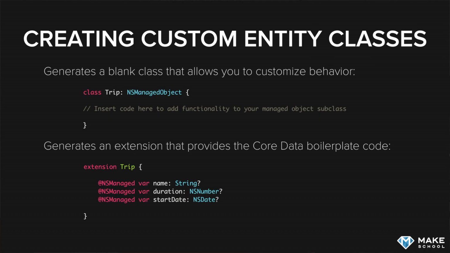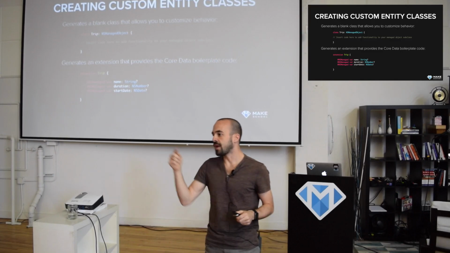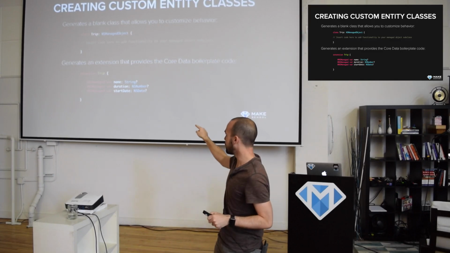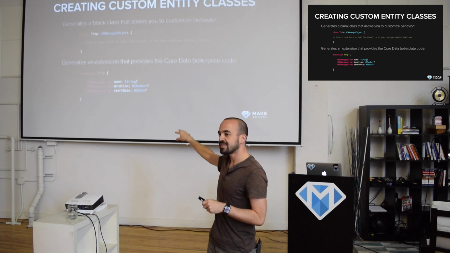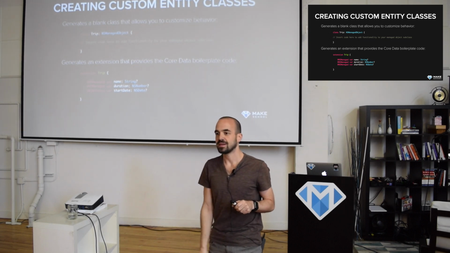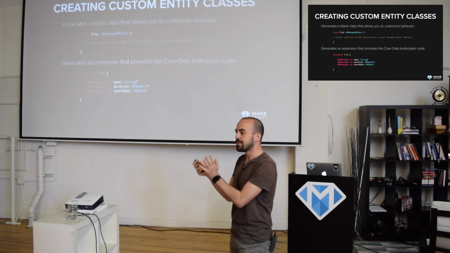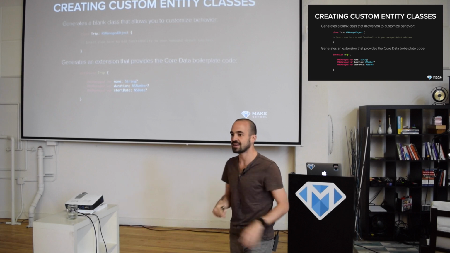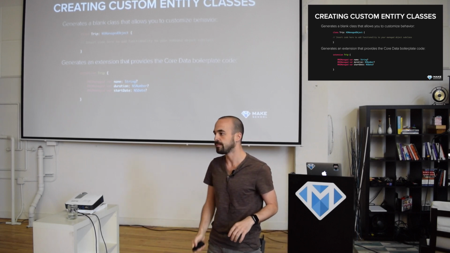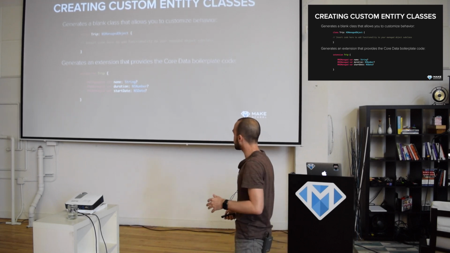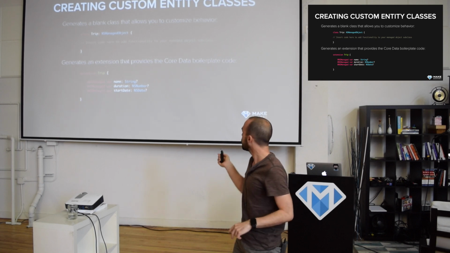So all attributes that you create in CoreData, let's say the name of a trip, the duration, the start date, are also created in code as properties, but CoreData puts them into a separate file, because if you add attributes later on, then this file will be regenerated. And if you would put your custom code in here, then your code would be lost. So that's why your custom code goes into this empty class, and the CoreData managed code goes into this extension class that gets regenerated every time you change your model. Not super important, but in case you're confused why there are two files, this is the reason.